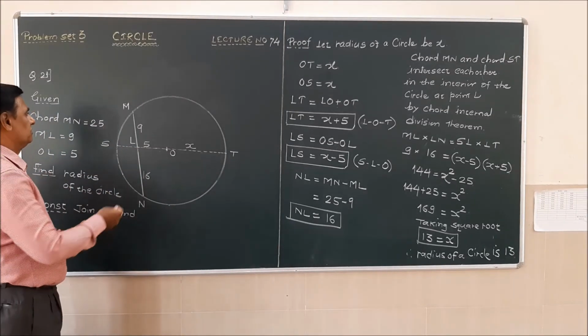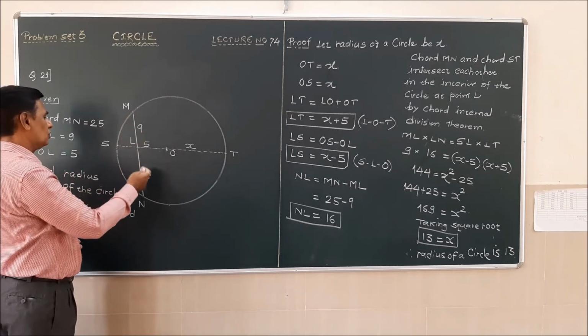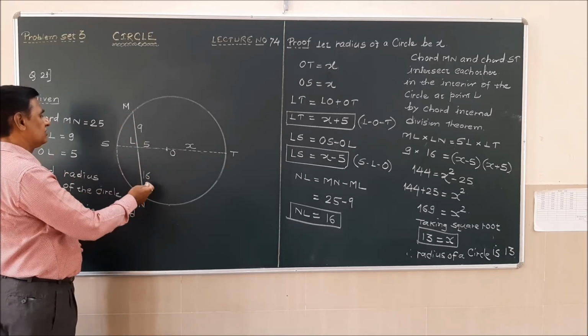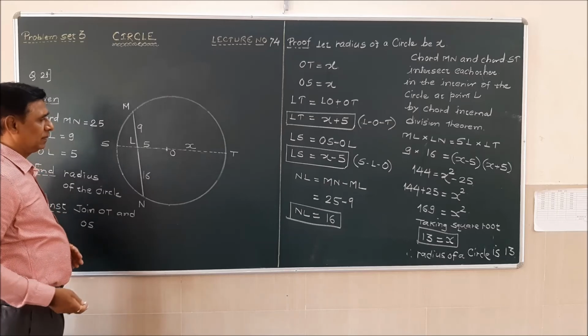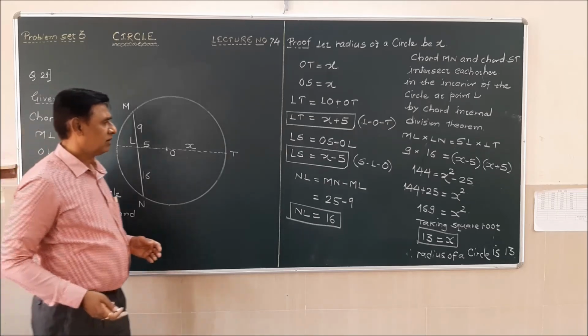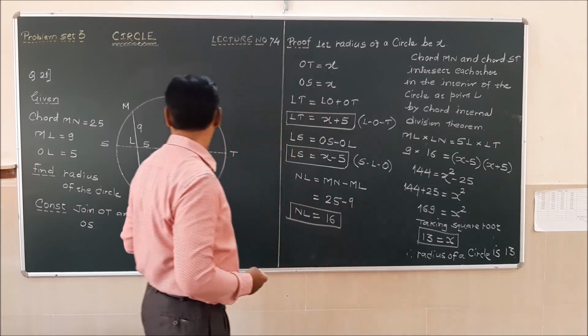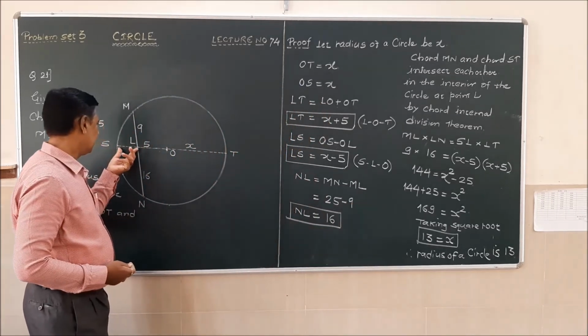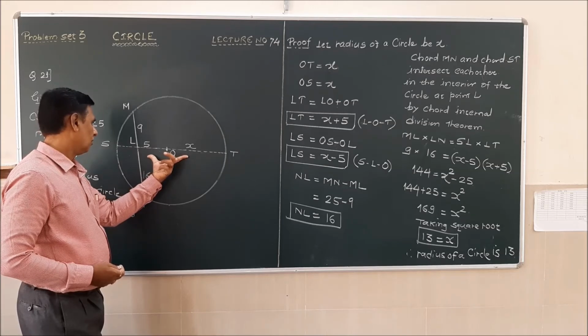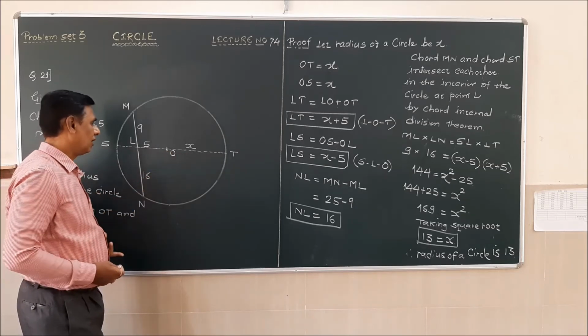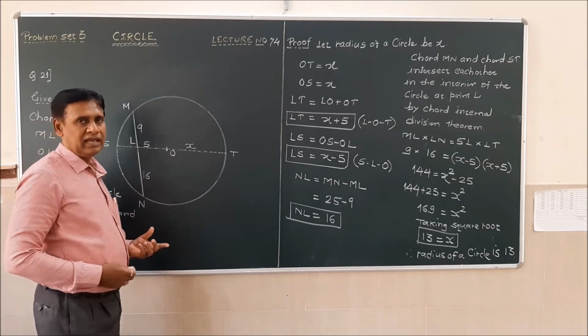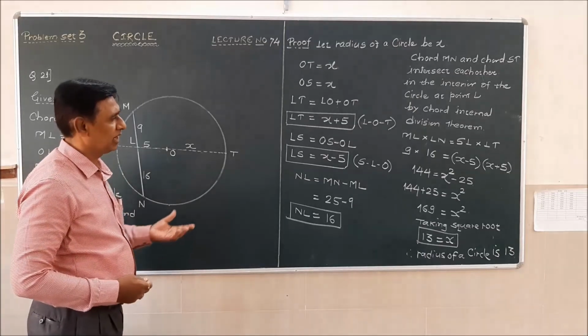Then I use ML into LN, that is 9 into 16, that will give me 144 is equal to this x minus 5, and LT is x plus 5, a plus b, a minus b, so x squared minus 25.